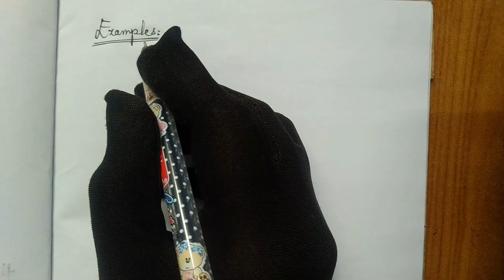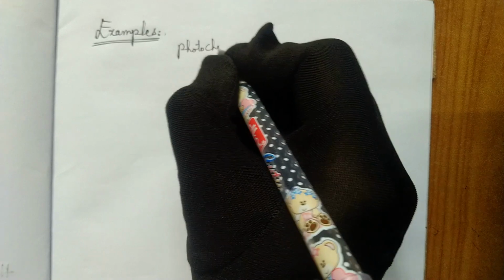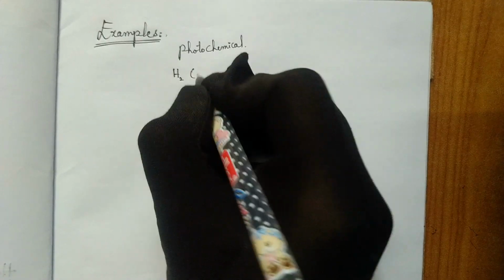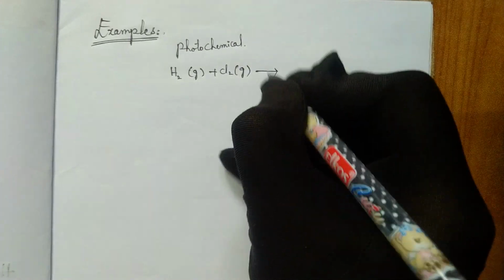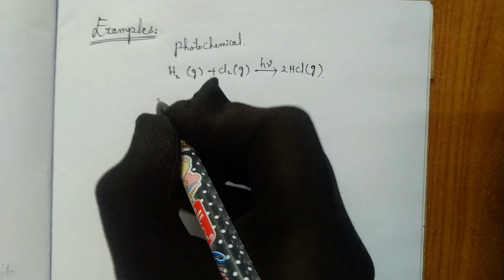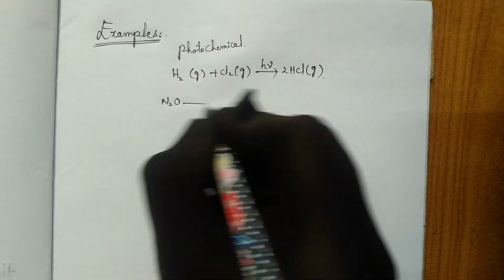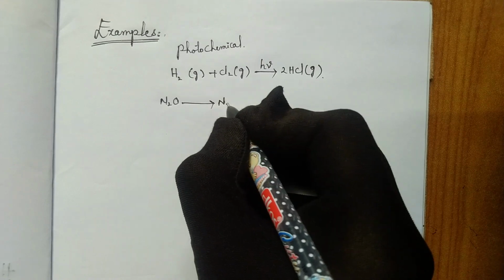Now let's see some examples of zero order reactions. Generally, photochemical reactions are zero order reactions. The reaction between hydrogen and chlorine is of zero order. The decomposition of N2O on a hot platinum surface is also a zero order reaction.